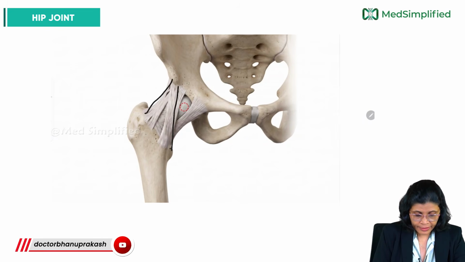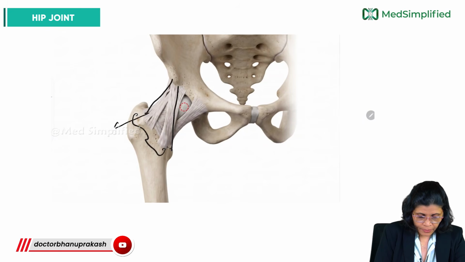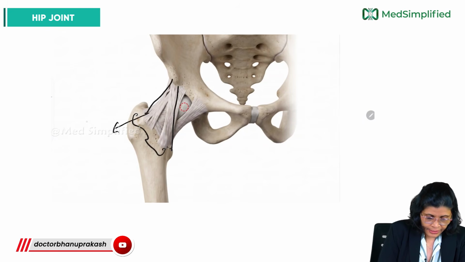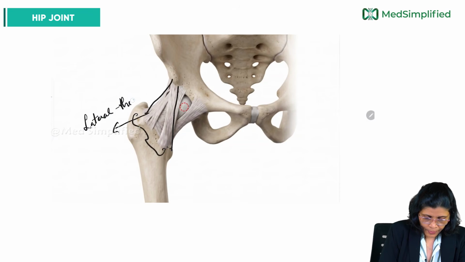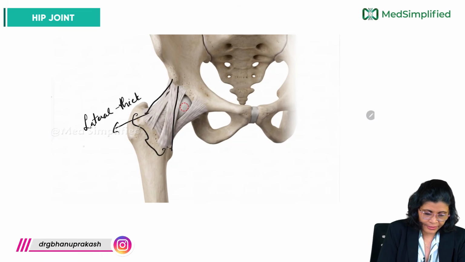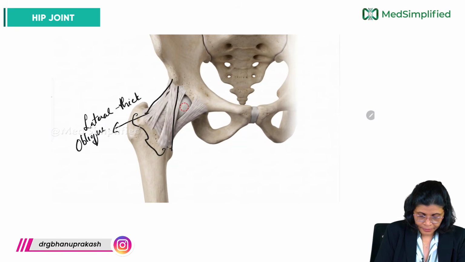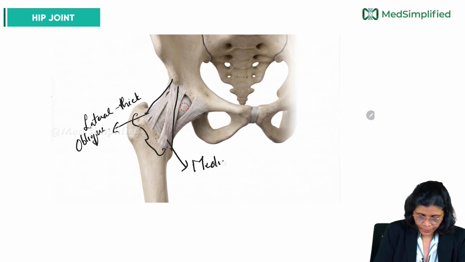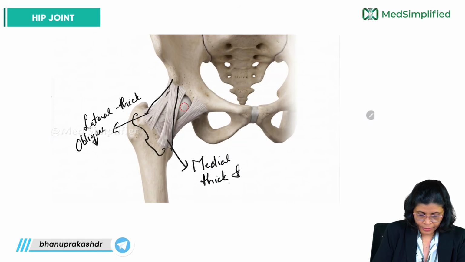This ligament consists of three parts. The first part is lateral and thick, and the fibers are arranged obliquely. Then there is a medial part, whose fibers are thick and vertical.